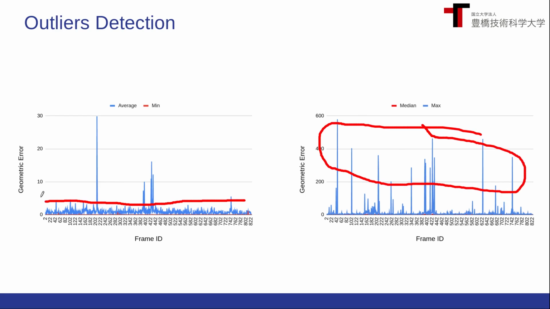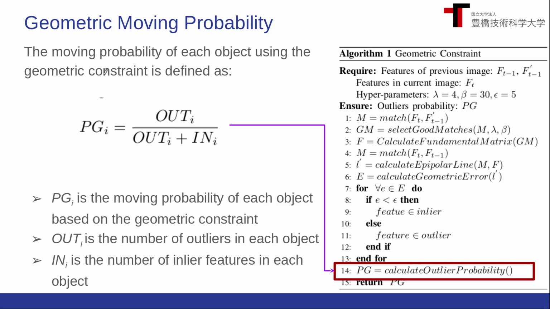So we can set the threshold to 5 in this environment. We define the geometric moving probability. This probability will be used to judge dynamic objects.